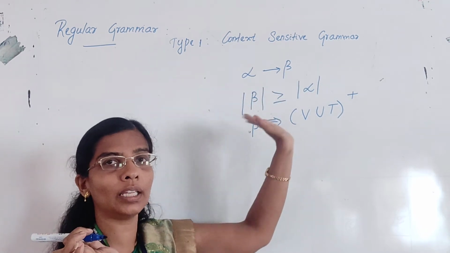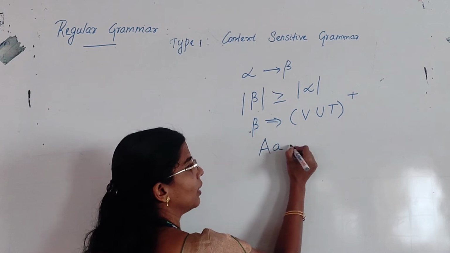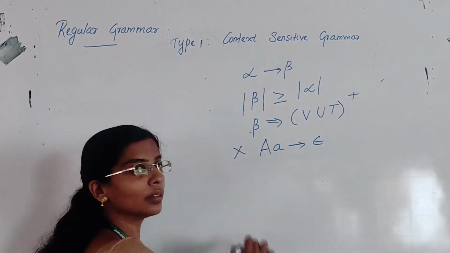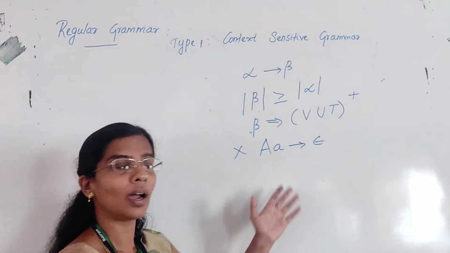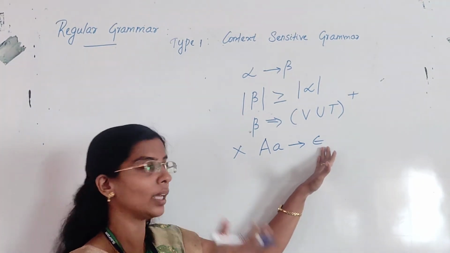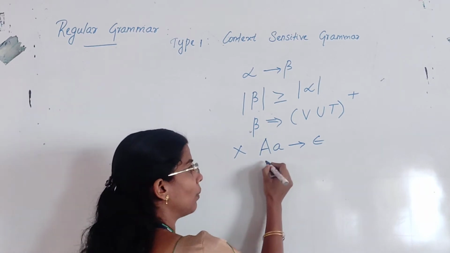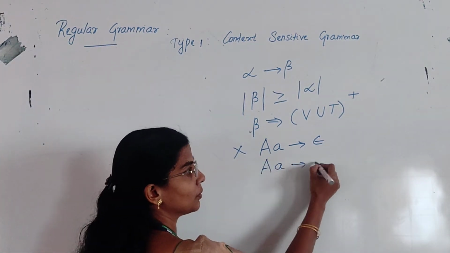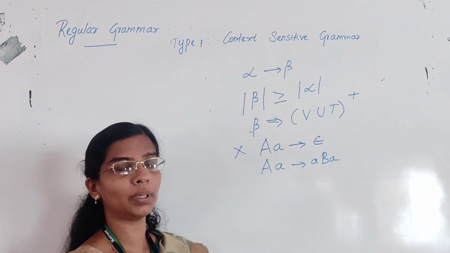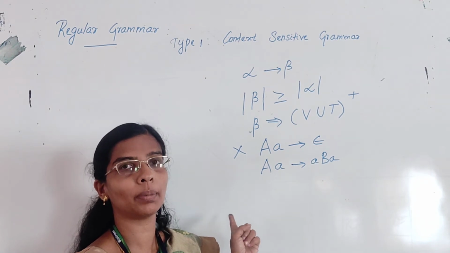I cannot have something like alpha tends to epsilon in type 1 grammar. This is not possible. I cannot have epsilon in the place of beta. But I can have something like this. All these are possible in context sensitive grammar.